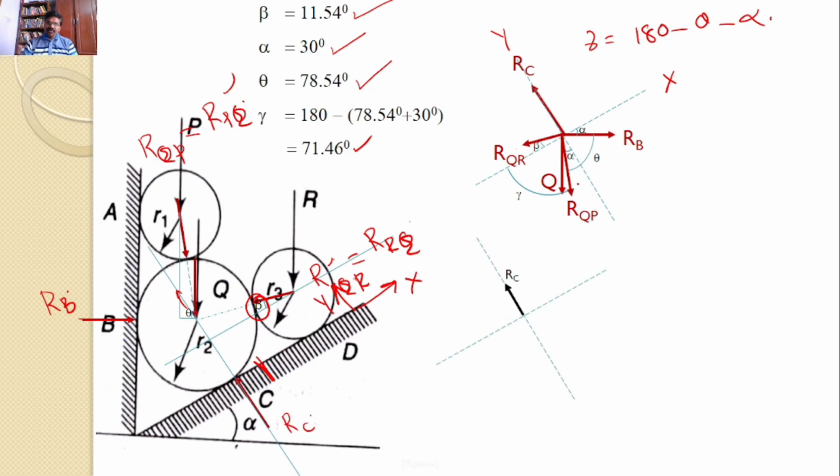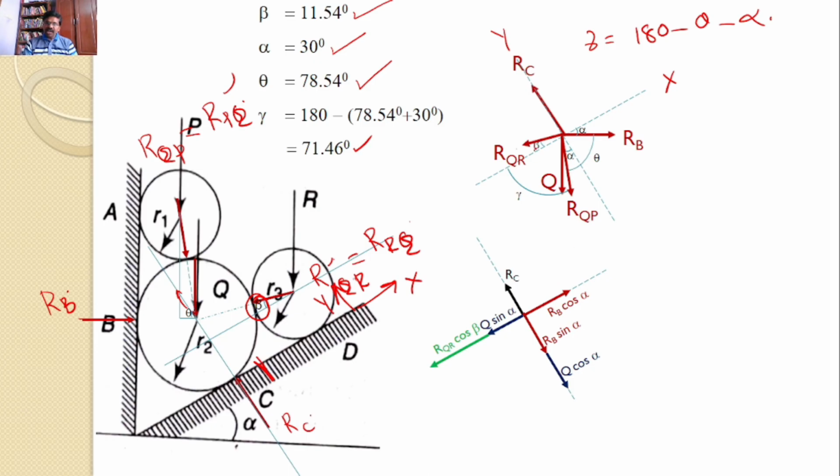Now, first RC, you need not to resolve. Now, RB makes an angle alpha with the x-axis, hence it is RB cos alpha and it is RB sin alpha. Next, Q makes an angle alpha with the y-axis, hence vertical component, hence the y component is Q cos alpha, horizontal component is Q sin alpha.